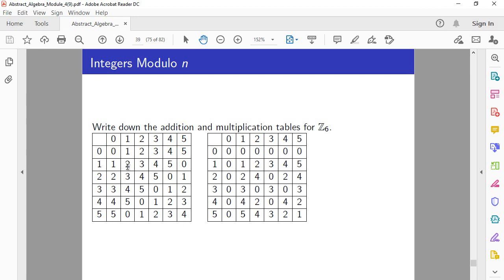Notice that when I'm adding 2 and 4, I'm getting 0. So you can think of 4 as the additive inverse of 2, because their sum is equal to 0. Now look at the 0 here. Notice that 5 and 1 give you 0. So the additive inverse of 1 is 5.